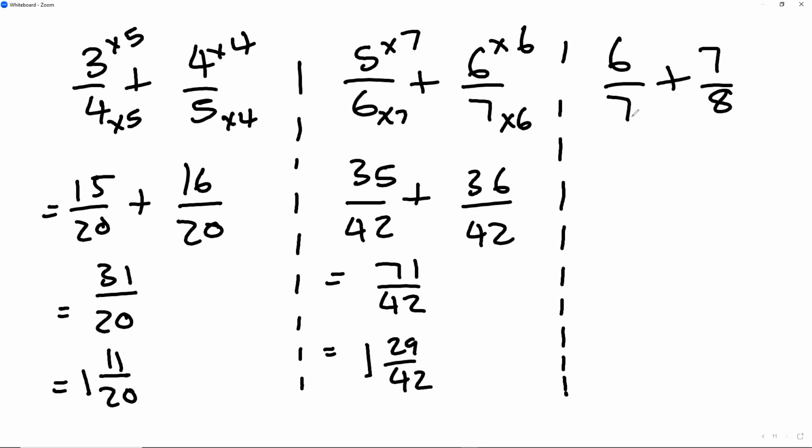For the next one, I'm going to multiply this by 8, multiplying this by 8 as well, multiplying this by 7, multiplying this by 7. Notice I'm multiplying that number there and there.